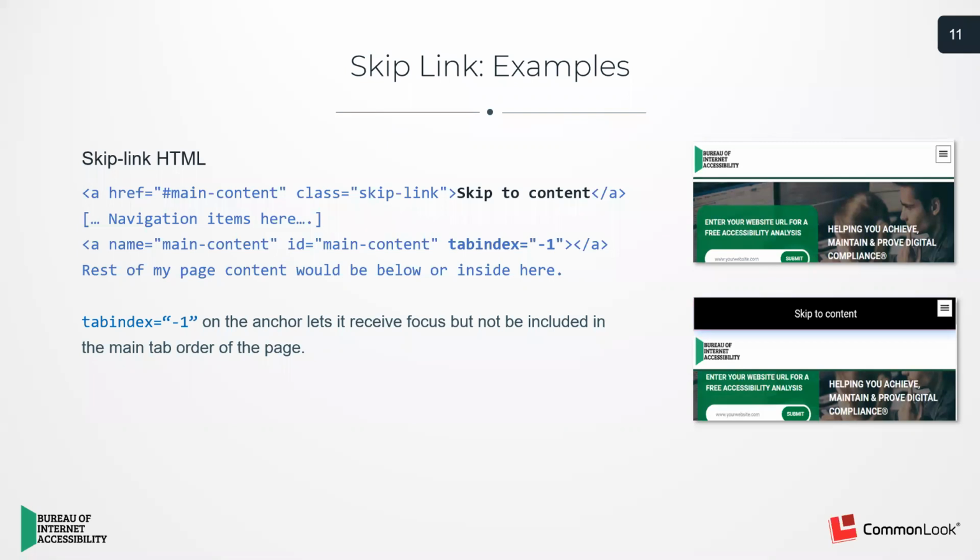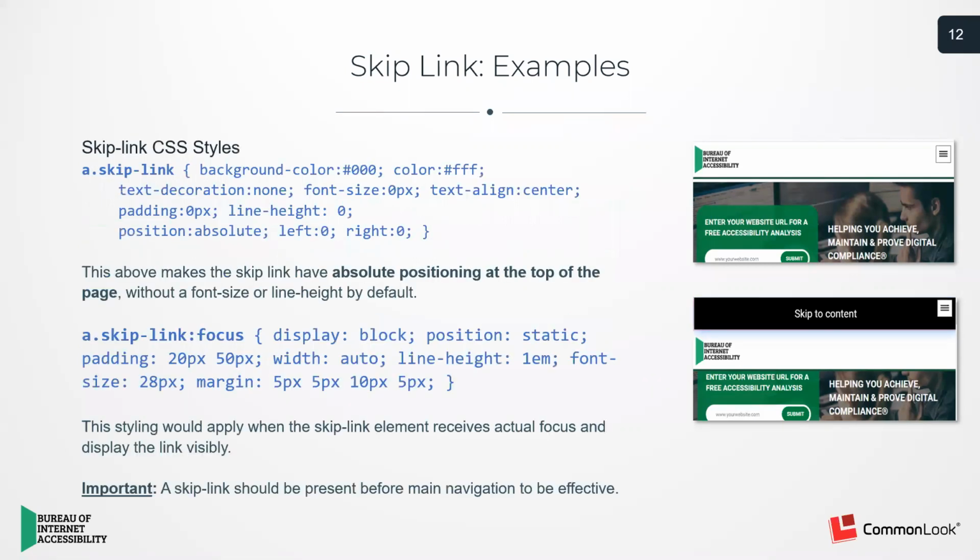So two main points make this feature operational. First, when they click a skip link, the focus goes to the anchor element that the skip link points to. And secondly, the skip link itself is only visually presented when it has keyboard focus. And I'll show you a little how to do that on the next slides.